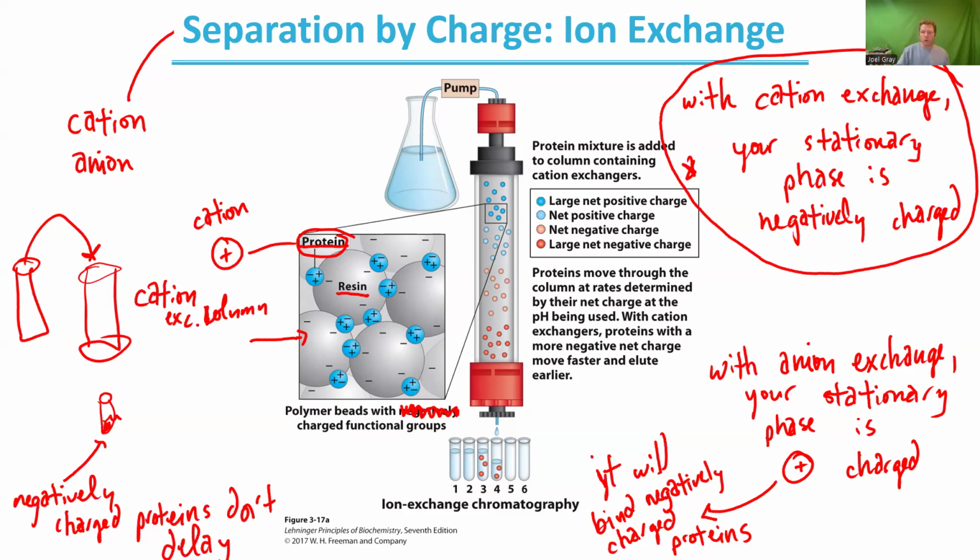fractions. So if we were to go back and say we're trying to purify hexokinase, and we saw that hexokinase came out in this very first fraction on a cation exchange chromatography column, what did we learn? We would say, oh, our hexokinase that we were trying to capture has an overall negative charge. Okay, cool. Good to know.